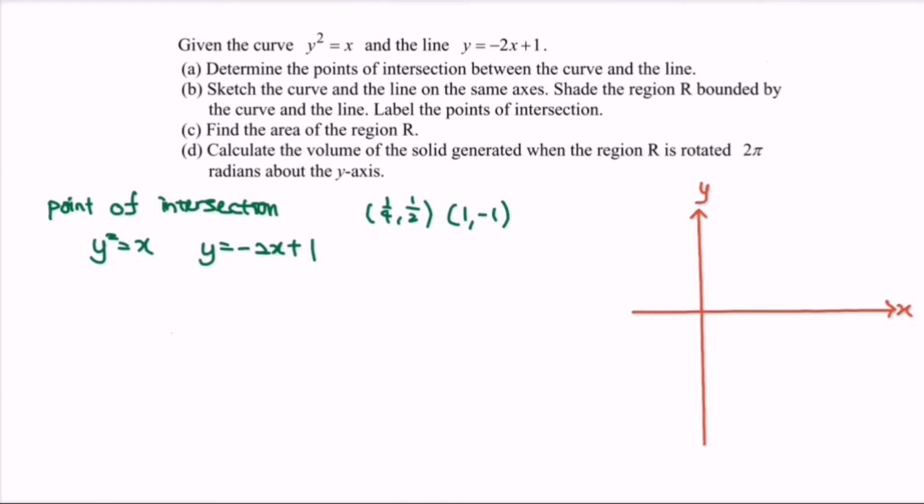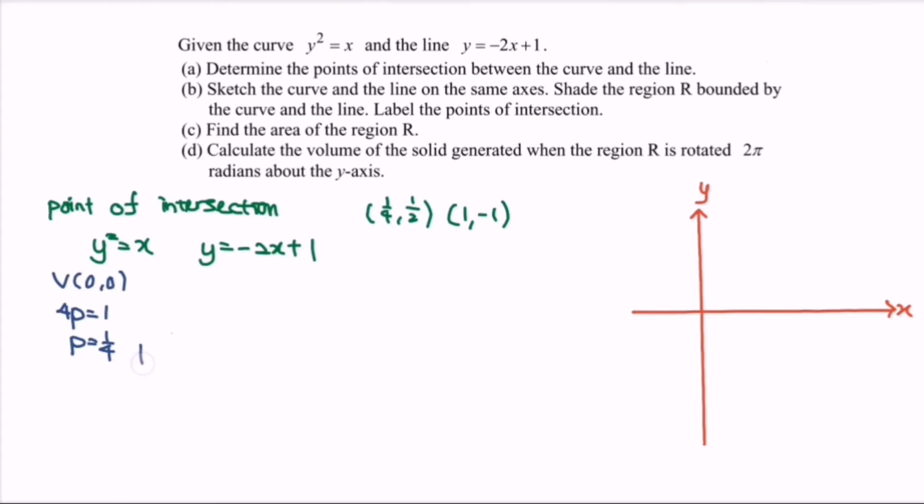Number 1, the vertex will be (0, 0). Followed by the second one, where we have 4p equals 1, so p equals 1 over 4. When we have y squared equals x, our curve will open towards the left or right.